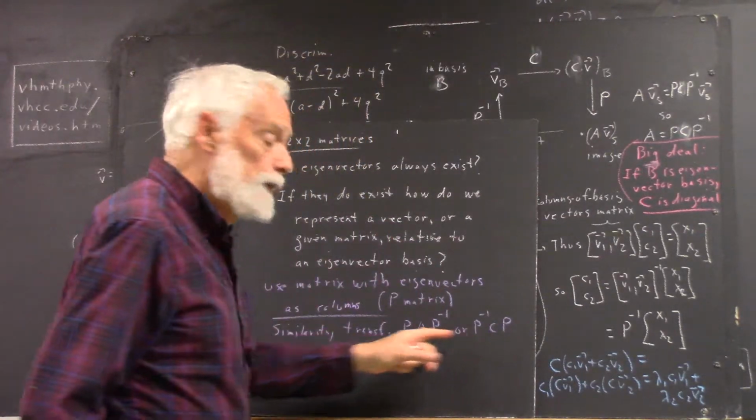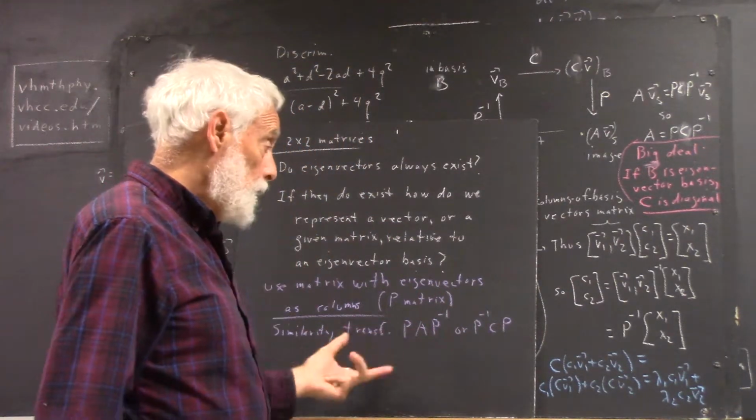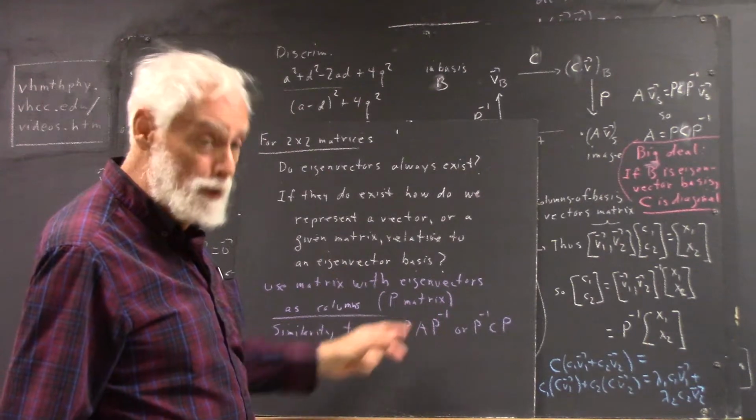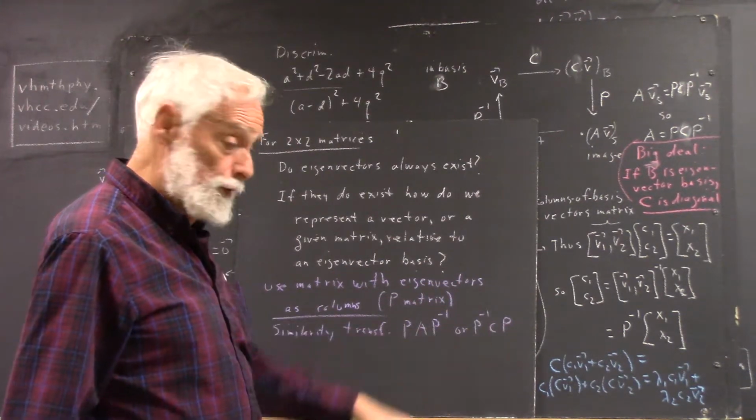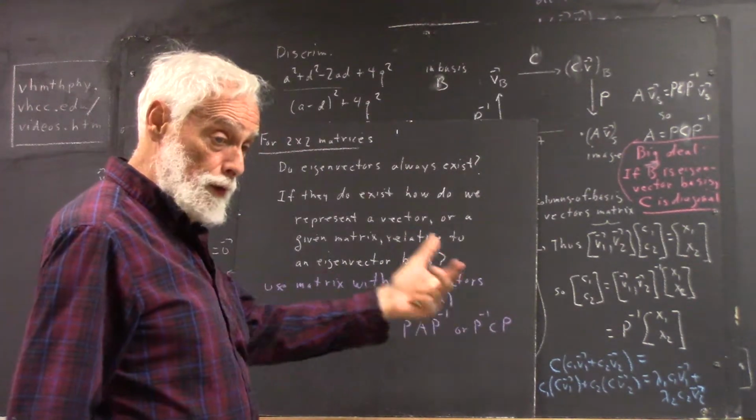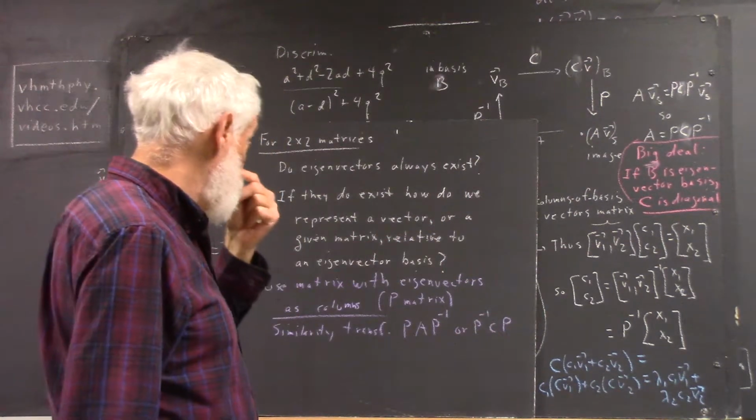And we will use one of these transformations to go from one matrix to another, one representation of the transformation to another, and the other matrix to go from that representation back to the original.